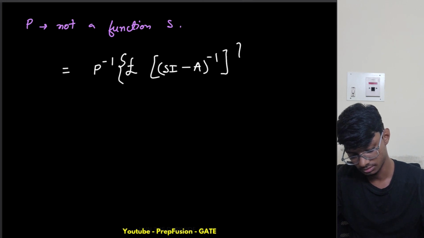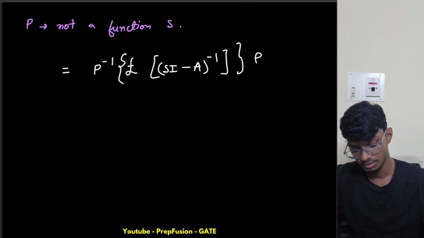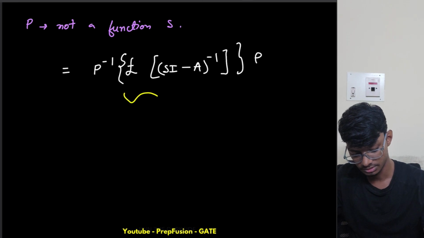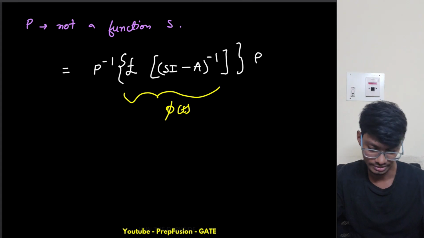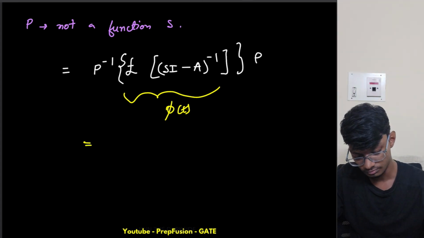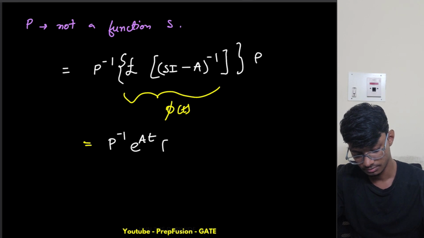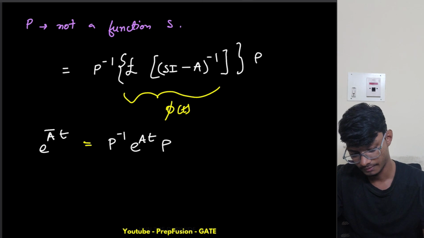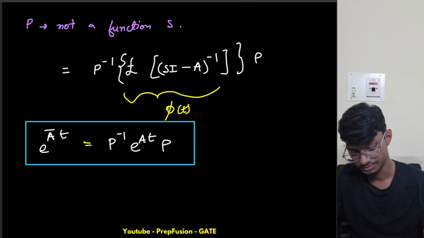So what is this? This is phi t, or you can say e raised to power At. So P inverse e raised to power At P is my new state transition matrix.